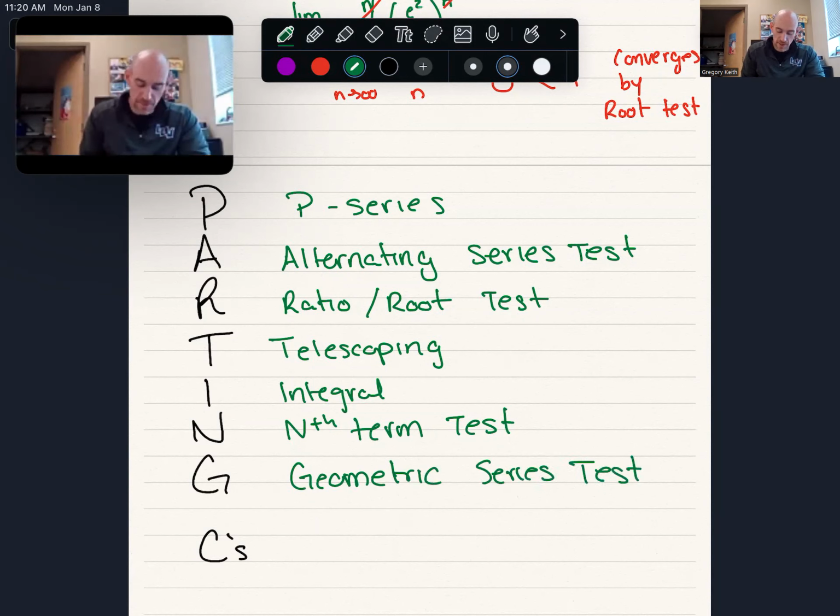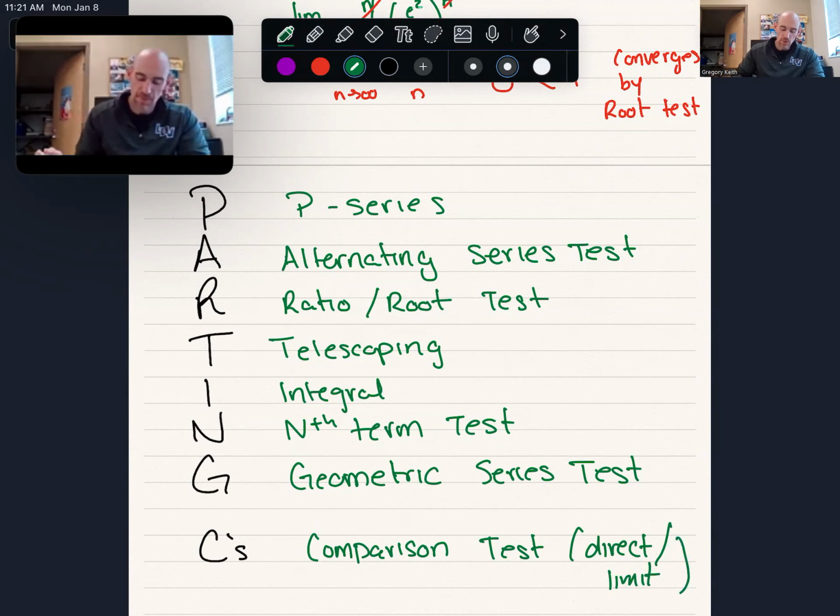C, my least favorite, comparison tests. And we talked about direct and limit comparisons. And those are all of our tests that we've learned for convergence and divergence. And so now you can use any of those tests to figure out if an infinite series is going to converge or diverge.